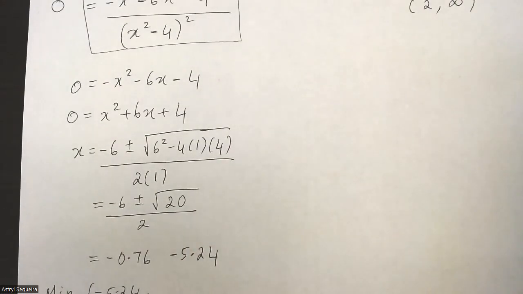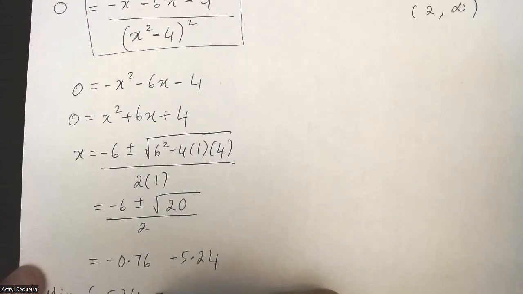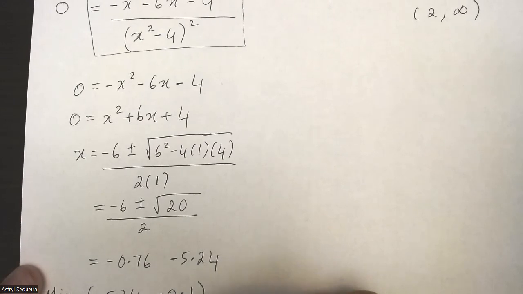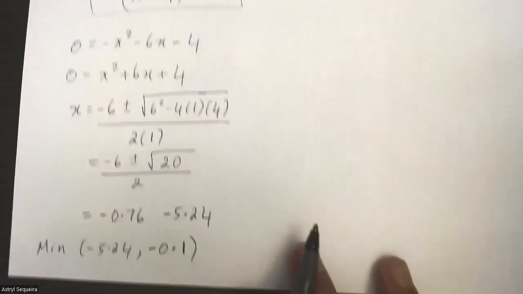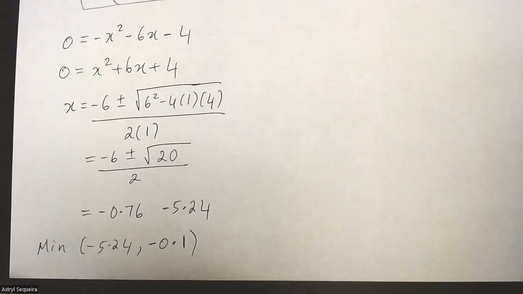So if I do that, I will get -0.1 approximately. If you want to take more decimal places, you can, but to 2 decimal places, it rounds to -0.1. So that's my minimum.